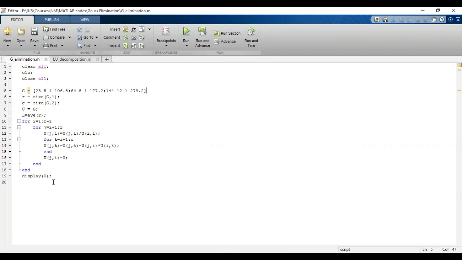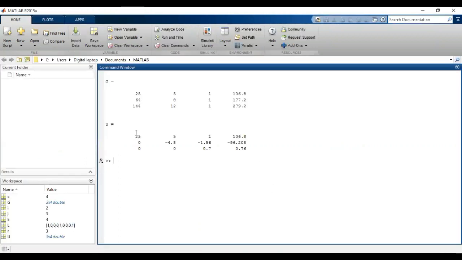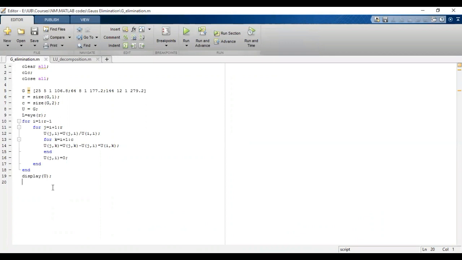And if we write such a simple code and run it, let's run this code, and you can see this is our original matrix, and these are our right hand side column vector entries, and this is our upper triangular matrix, and these entries have also changed, right? So by using this code, we can achieve this Gaussian elimination, and we can use any system of matrix, any order of the matrix.